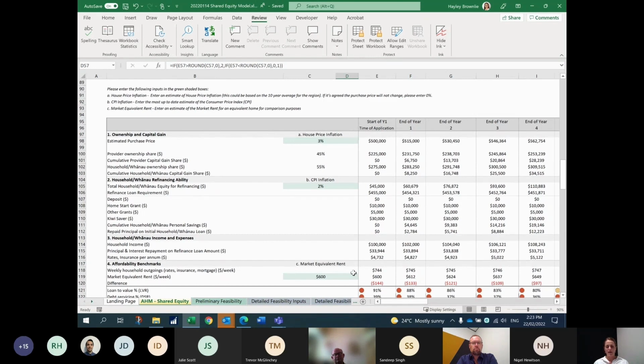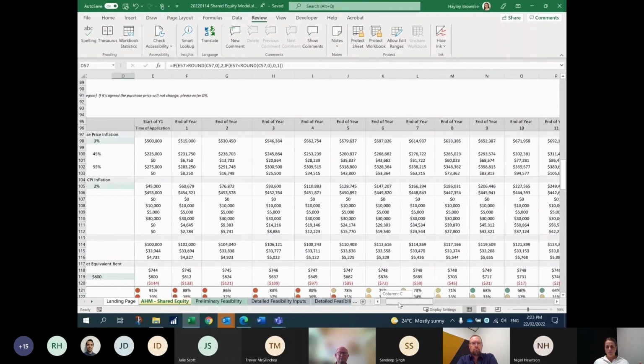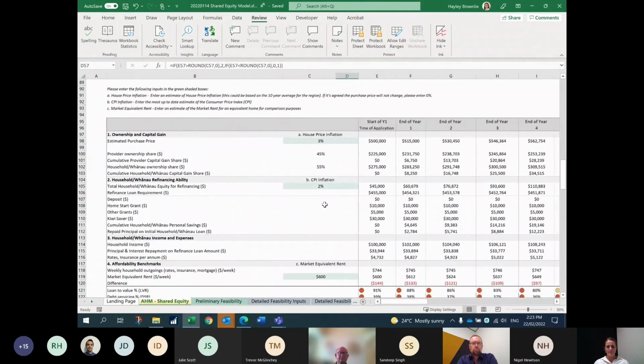This table essentially forecasts what the house will be worth based on house price inflation 15 years into the future. It also forecasts based on inflation what the household's income will be, and it also accumulates what the household's deposit will be over that time for refinancing.